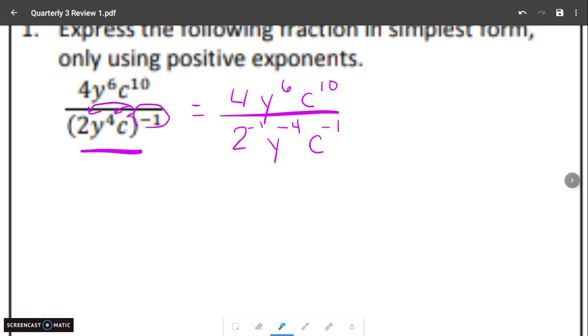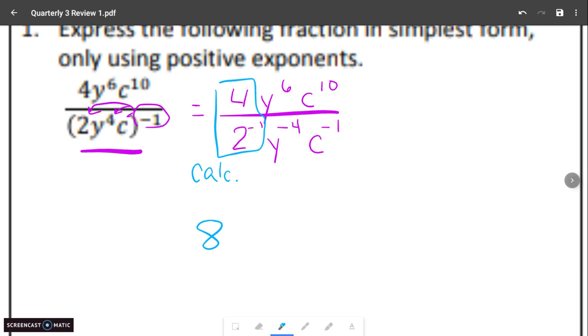Now that we got rid of the parentheses, next all of these are being divided. Fractions represent division. So to divide anything with numbers after this point, I'm going to recommend that you plug straight into your calculator. So 4 divided by 2 to the -1. You should get 8.